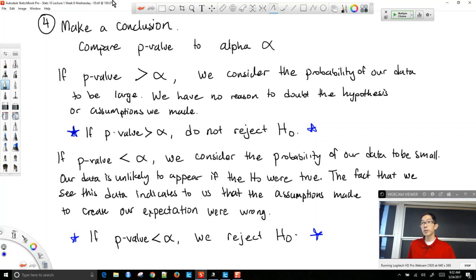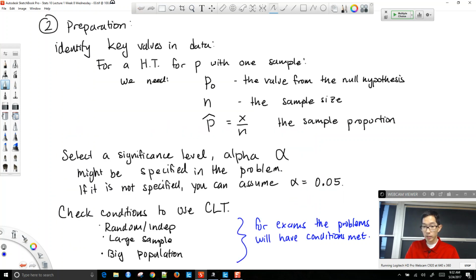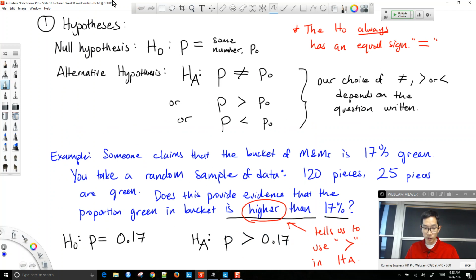All right, is this okay? Let's work through an example then, and maybe I'll sprinkle a few clicker questions along the way here.